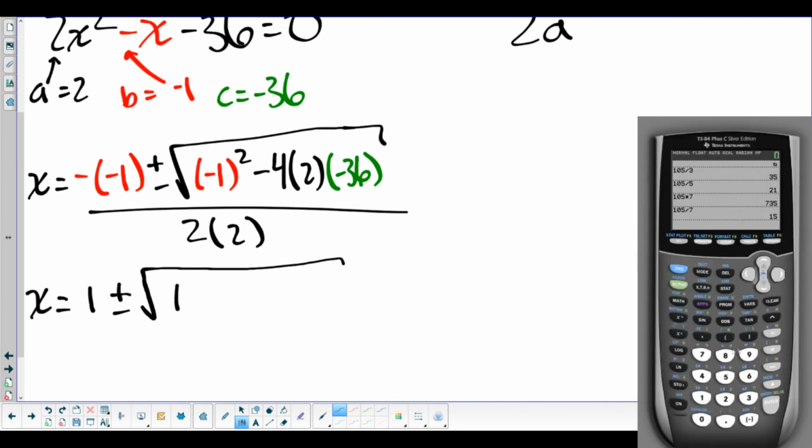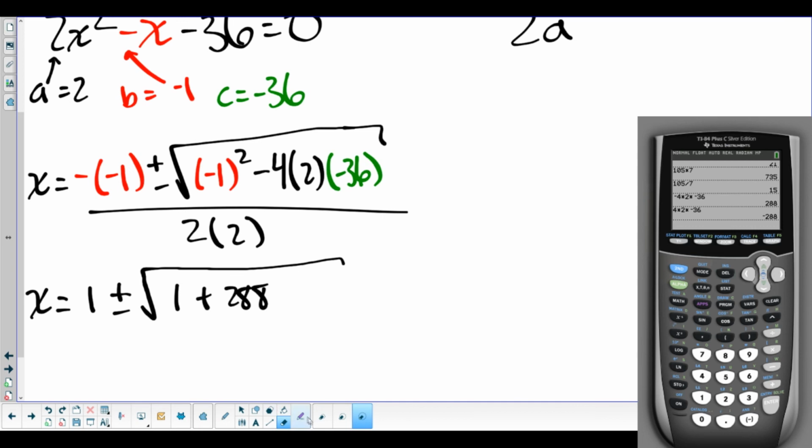In other words, negative 4 times 2 times negative 36, that is plus 288. So I included the negative in the, or the subtract 4ac, I included that in the negative 4. If you wrote it as 4ac in the calculator, so you did 4 times 2 times negative 36, then you just have to know you're subtracting negative 288. That's the same as adding 288, right?